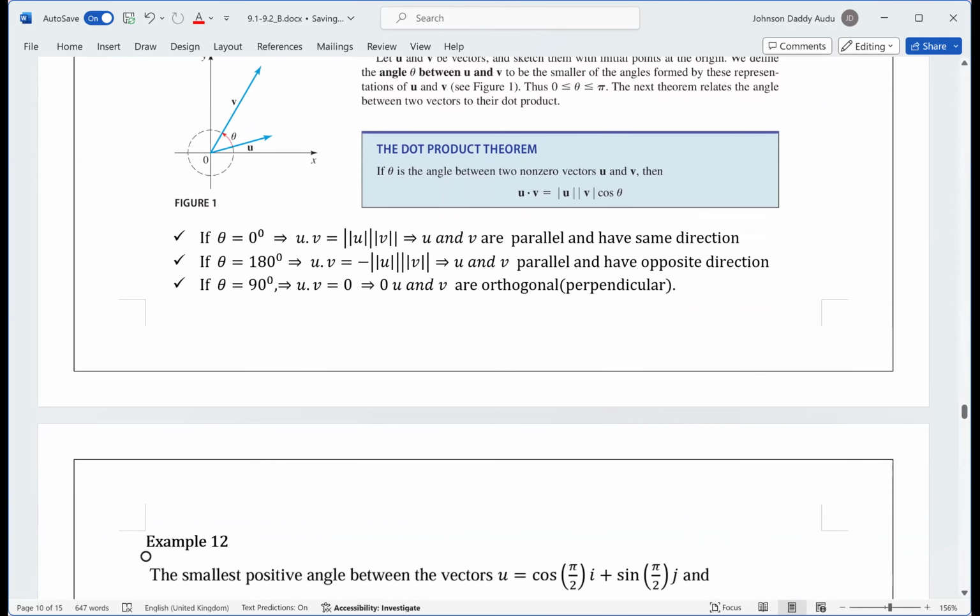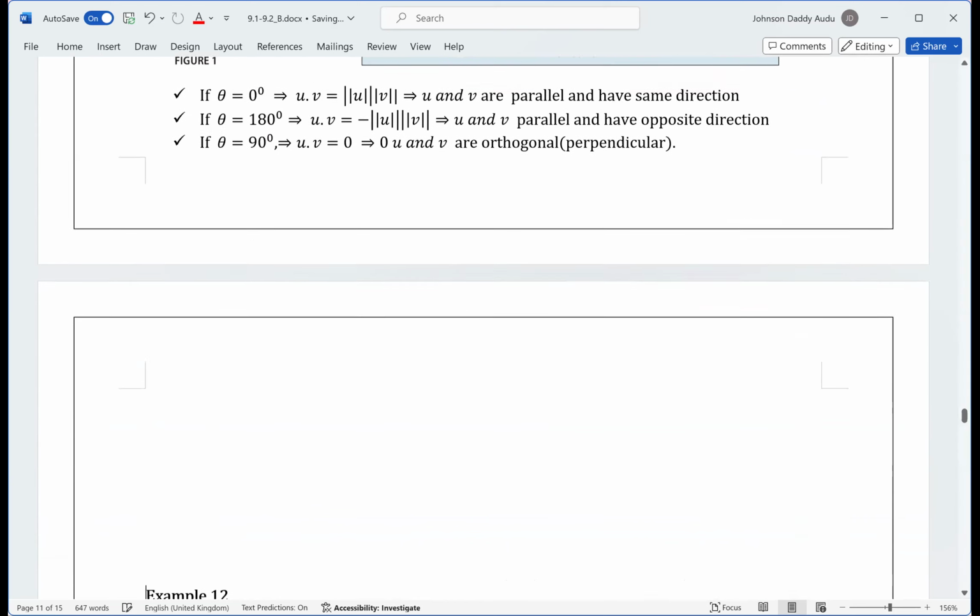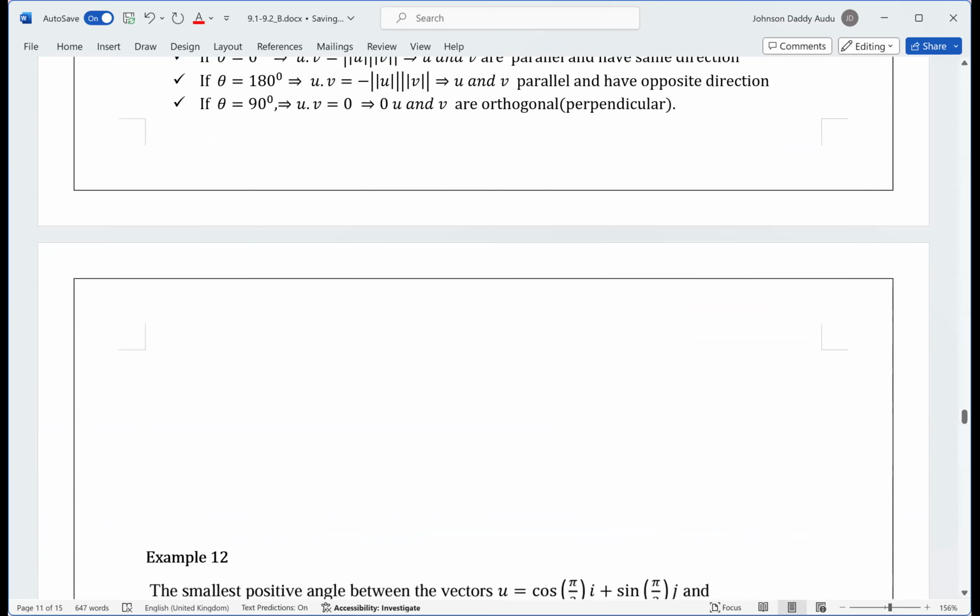Let me give a small proof for this formula. So let me create a space here so that you can see. If we have a vector u, let's say it's called (a, b), and any vector v, call it (c, d).